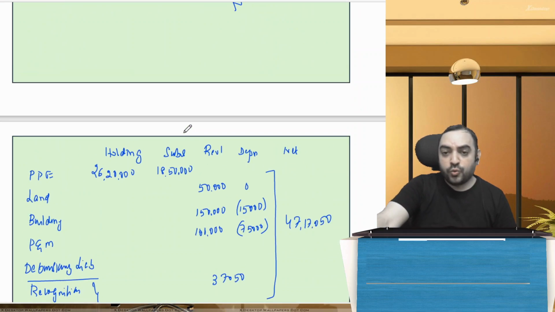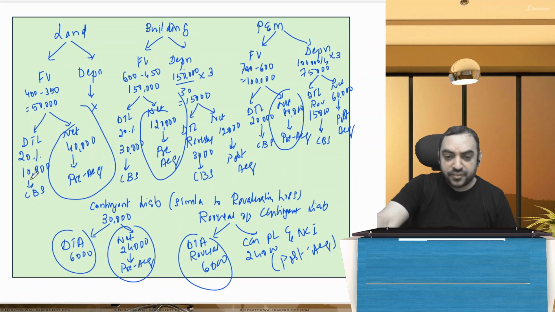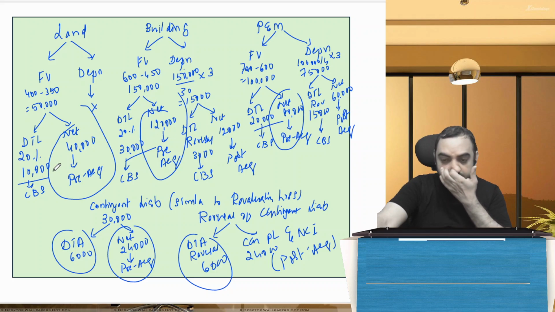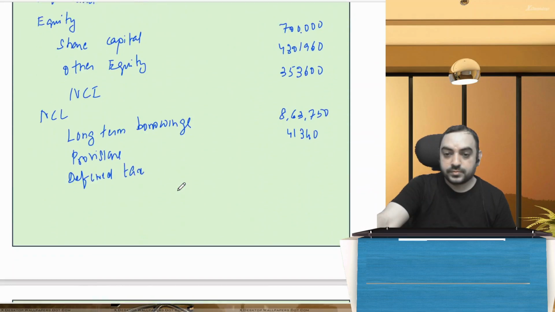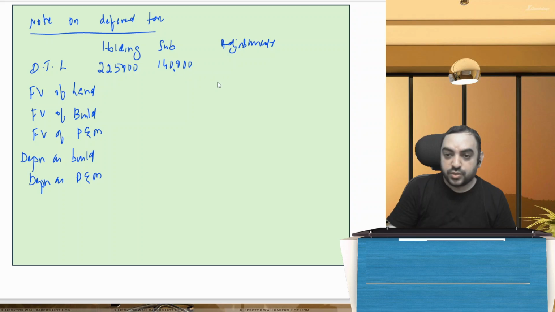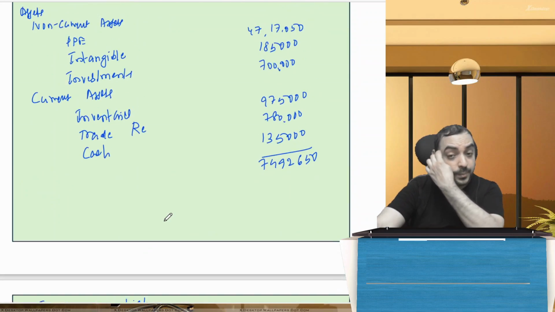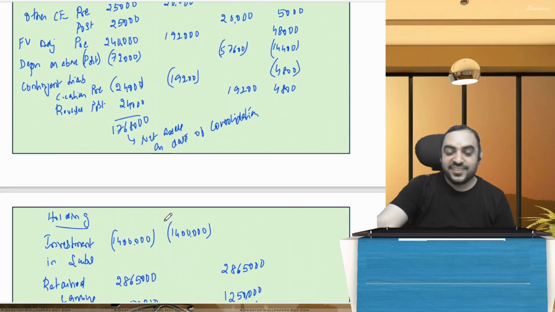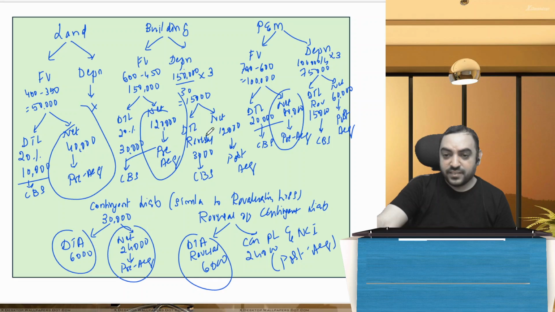So on fair value and all, what was the amount? We had calculated at the beginning. Deferred tax liability 10,000, 30,000, then 20,000, right? This is created; reversed, that is because of depreciation, you minus. Because of that, reversal also I showed you.